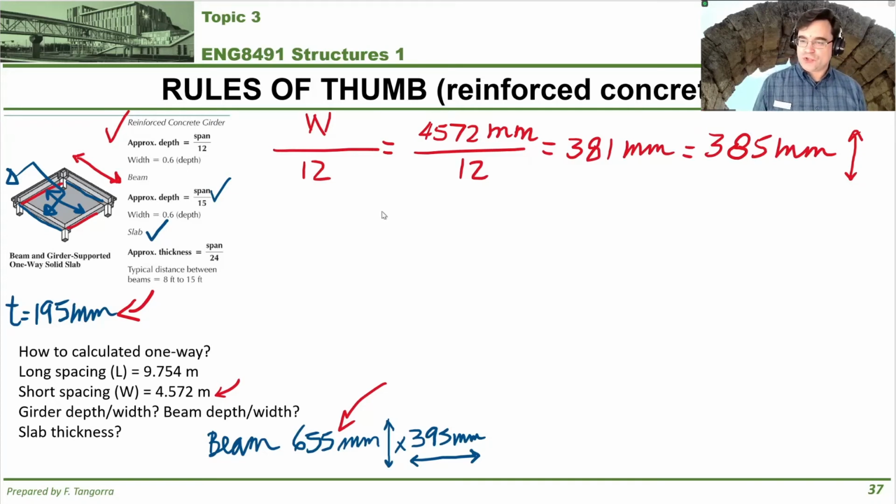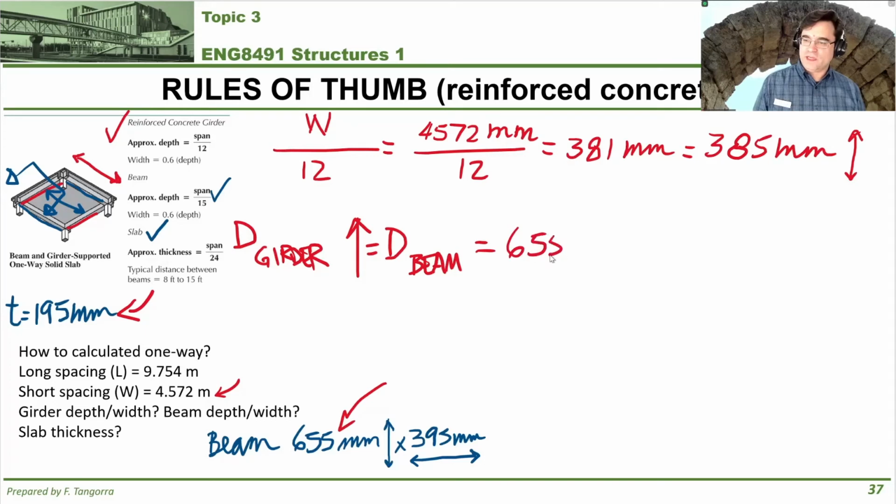The depth of the girder then needs to be bumped up to match the depth of the beam, like this. So now the girder gets bumped up, so it too must have a depth of 655 millimeters.